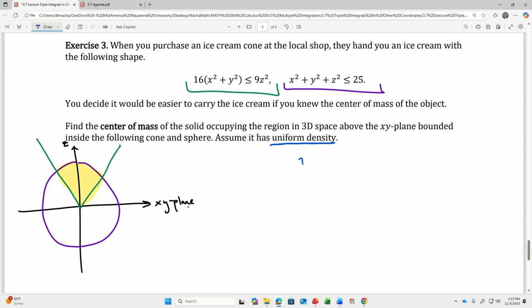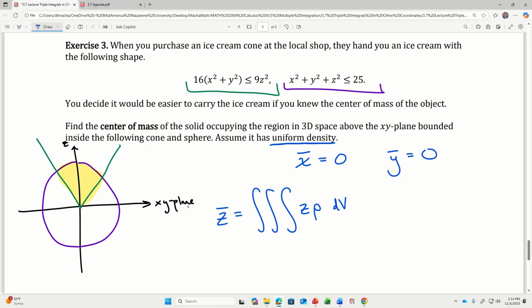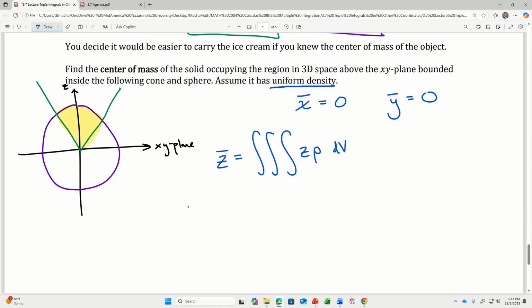Okay, so the x-coordinate of the center of mass, 0. The y-coordinate of the center of mass, 0. The z-coordinate of the center of mass has the formula z times rho. I would like to keep cylindrical coordinates instead of trying to do rectangular coordinates.